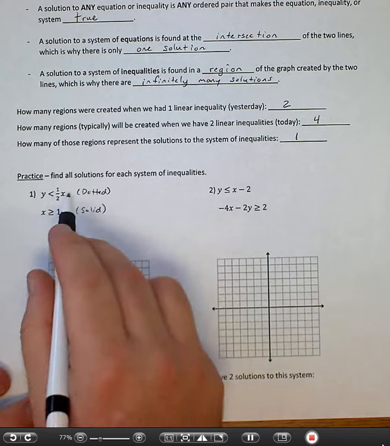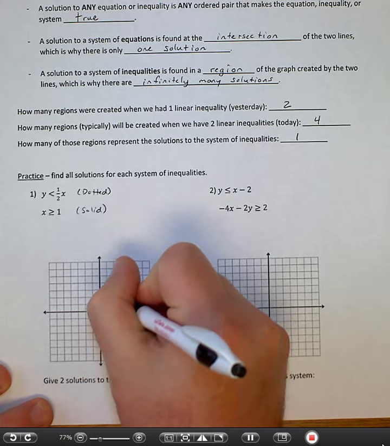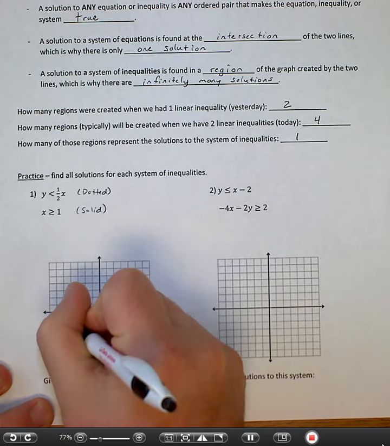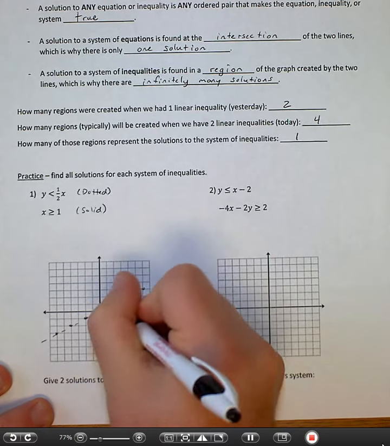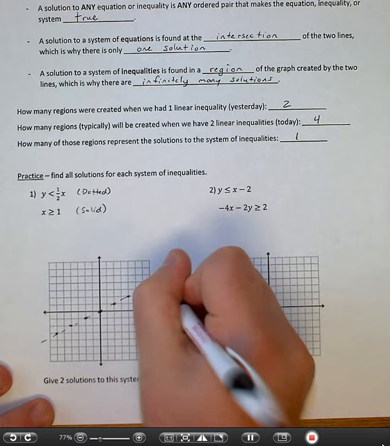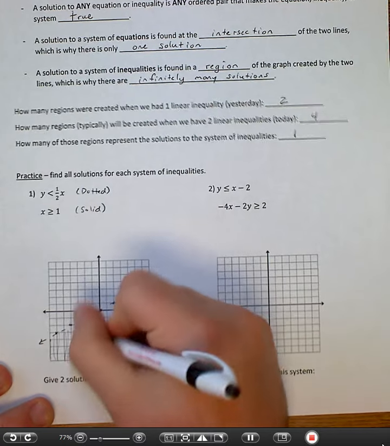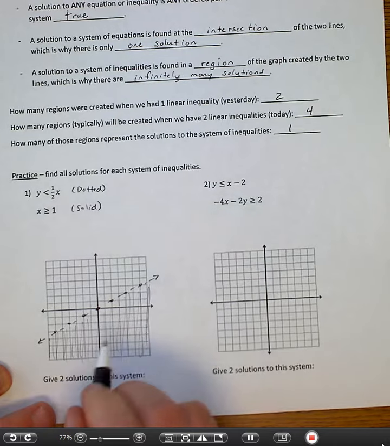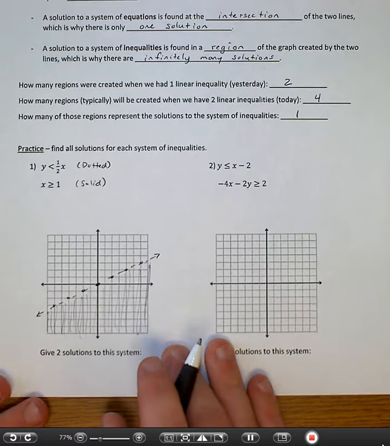Y-intercept is 0. 1/2 is the slope, so up 1, right 2. And it's dotted. And I shade south. So I'm going to shade lightly here. Make sure you shade lightly. It'll save you trouble later on.